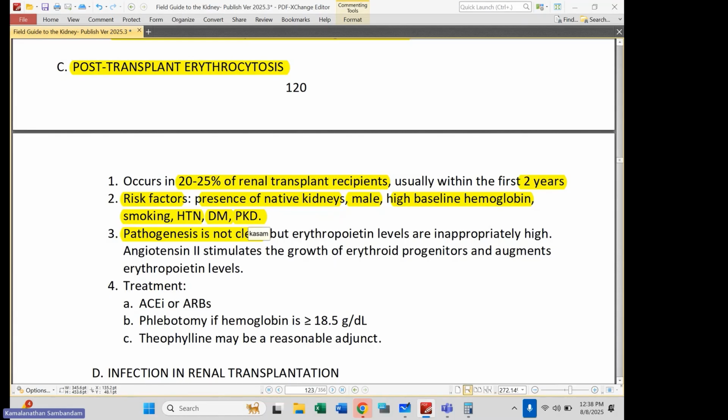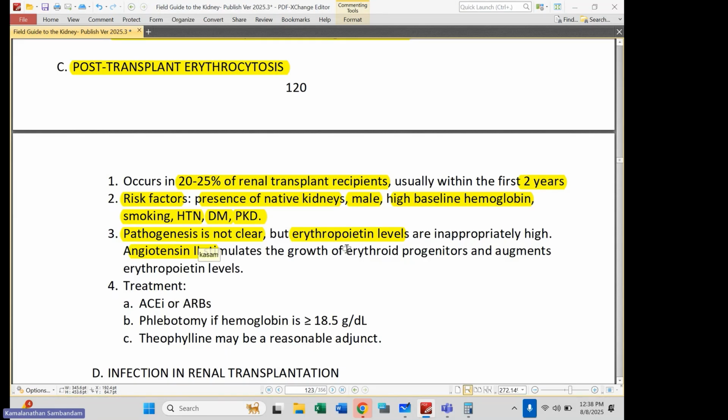Okay, the pathogenesis of this post-transplant erythrocytosis is not clearly described, but it is a state in which EPO levels are higher than one would expect. Now, angiotensin participates in the regulation of EPO response, okay?